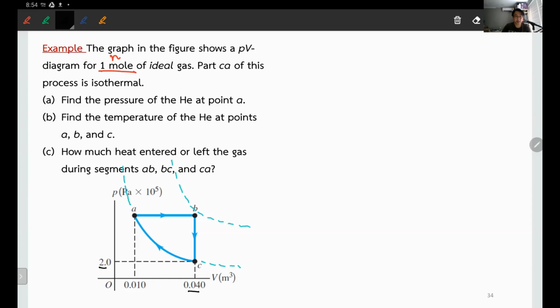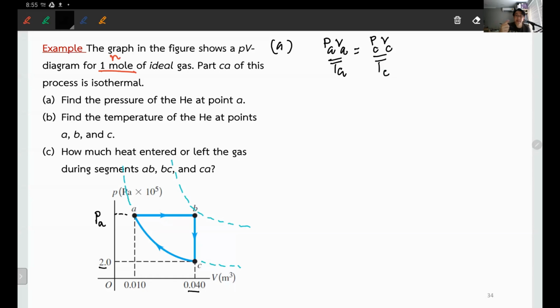And when you come to point A, you want to figure out the pressure right here. So let me put a P sub A. I'm going to compare between point A and point C. And you know from the equation of state, PAVA over TA equals PCVC over TC. Sounds good from the gas equation.